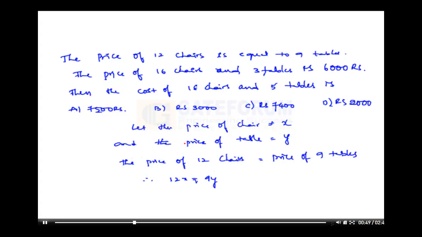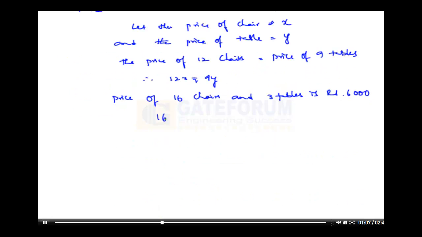Next, the price of 16 chairs and 3 tables is rupees 6,000. So we can write 16X plus 3Y equals 6,000. But according to equation 1, Y equals 12X by 9.